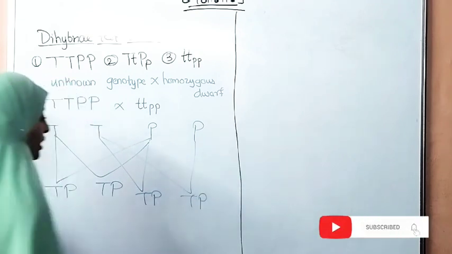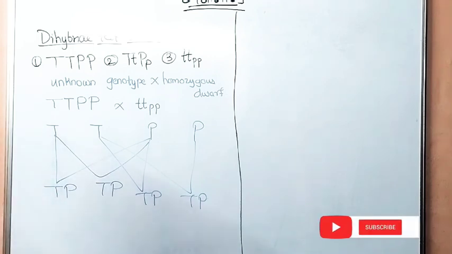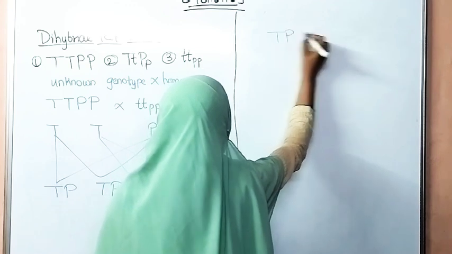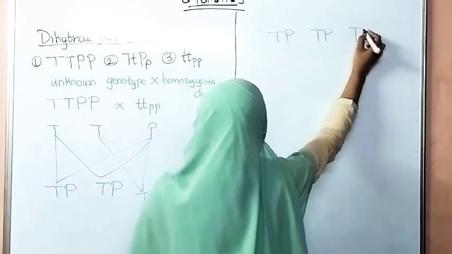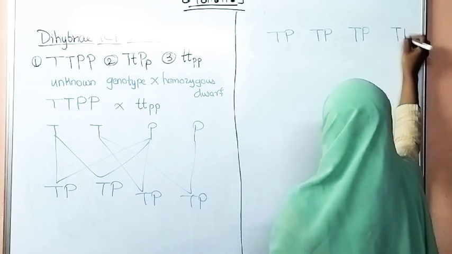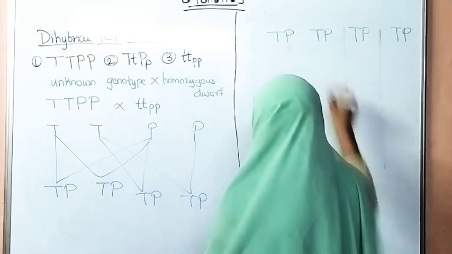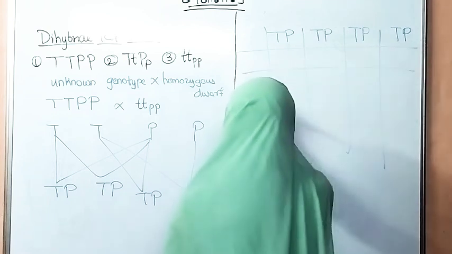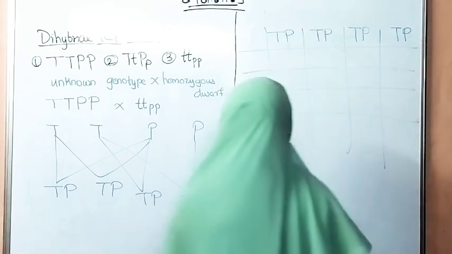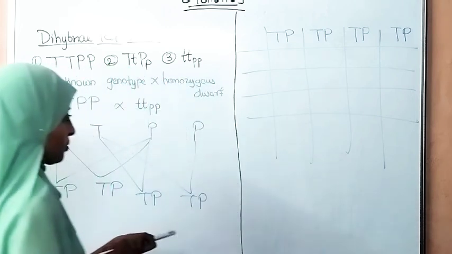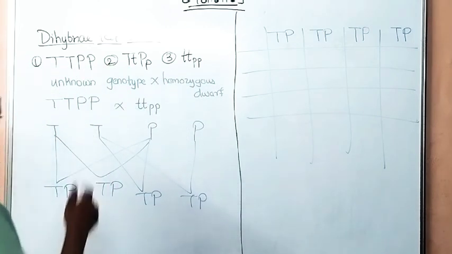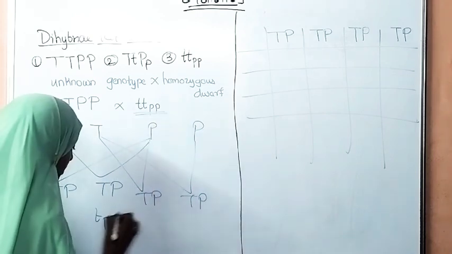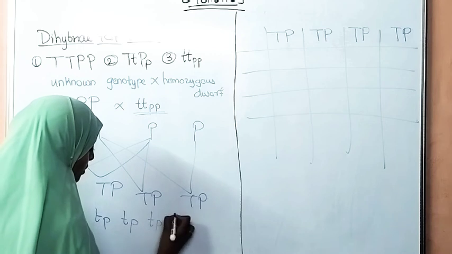We get the alleles, so we write these alleles here: capital T, capital P, capital T, capital P. And next, small t, small p, small t, small p, small t, small p, and small t, small p.